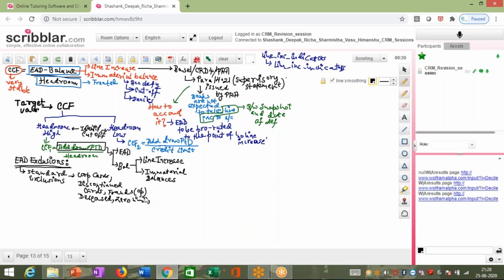If an account has already defaulted as of a given snapshot, so let's say there are some existing defaults, any existing defaults will not be included in the model development of the EAD data.